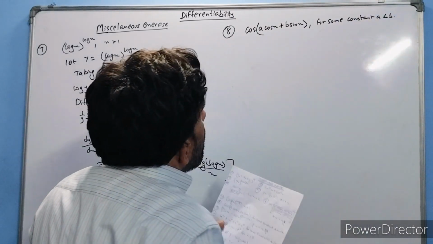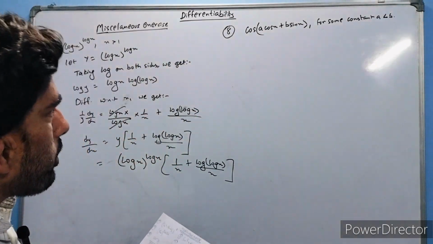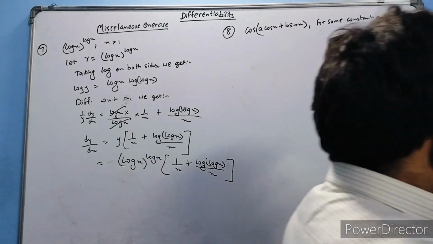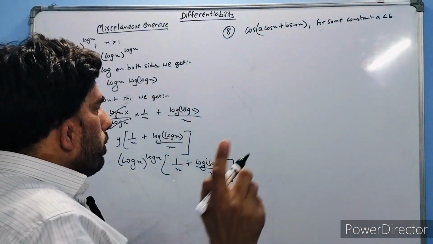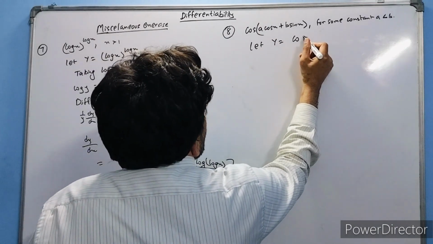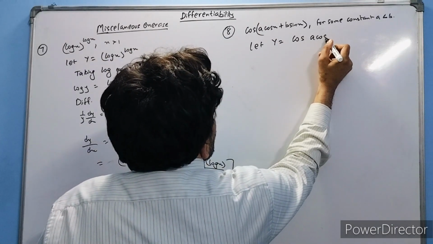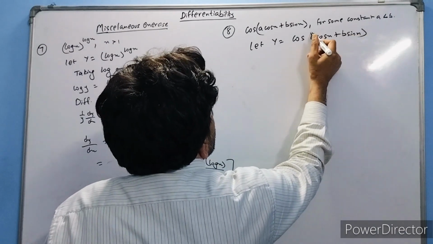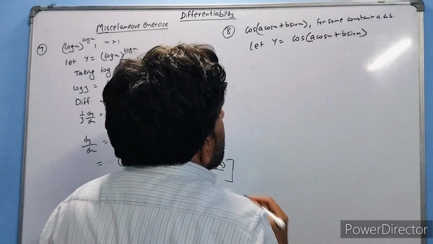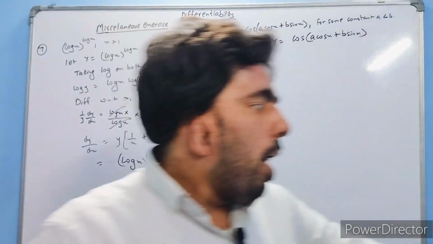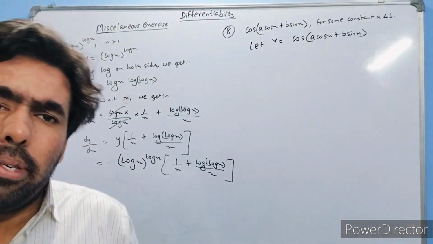So they have given this, that is a cos x plus b sin x. Now let us see how we can differentiate. First step: let y is equal to cos of a cos x plus b sin x. So they have given this function.